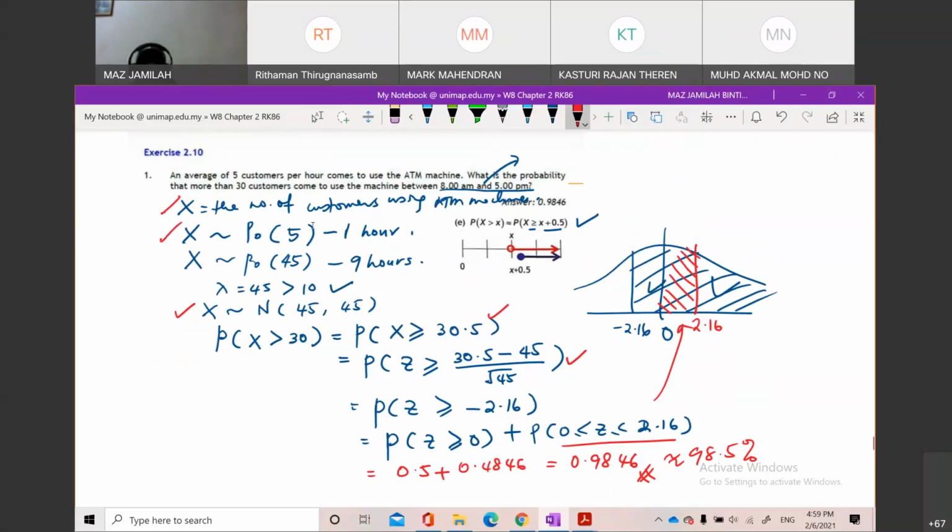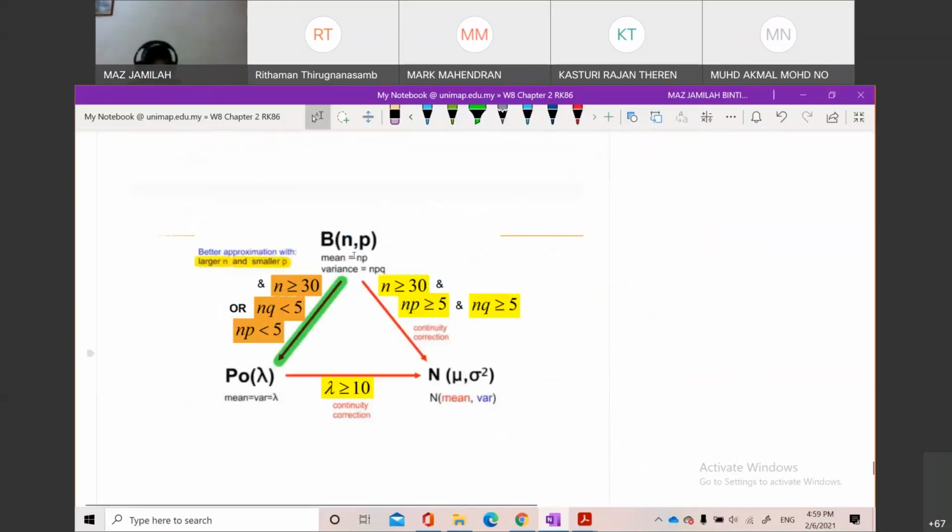And then finally you can get the answer. So if I can simplify, we have seen three types of probability distribution. The first one is binomial, the second is Poisson, and the third one is normal. So X following binomial, X following Poisson, X following normal.